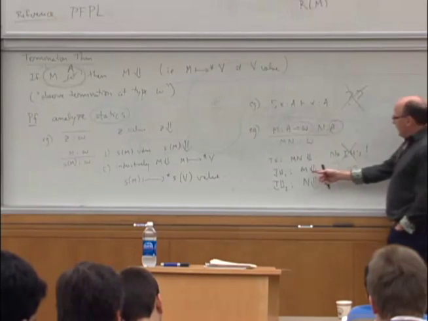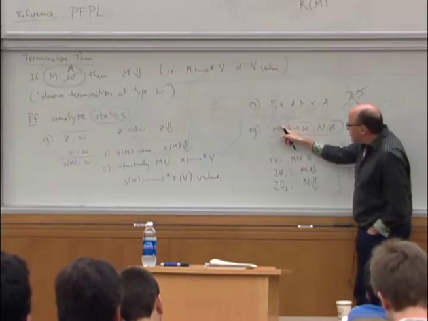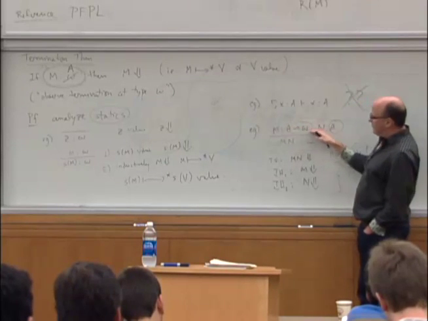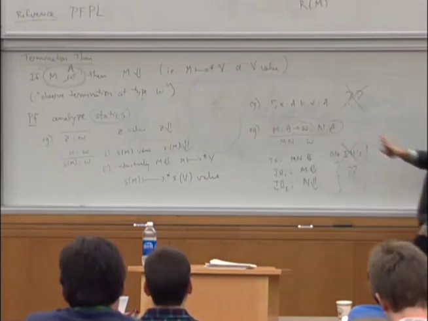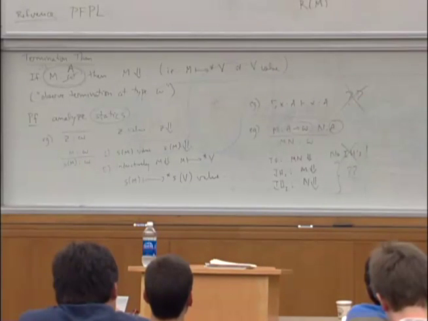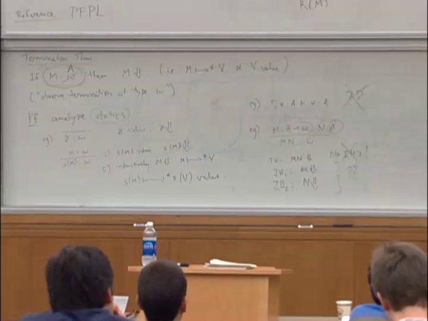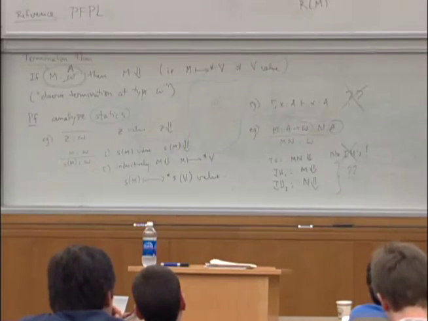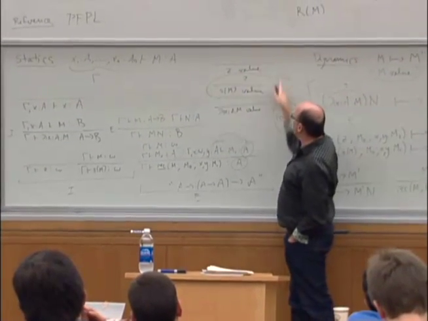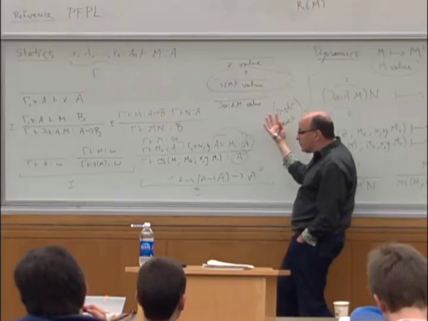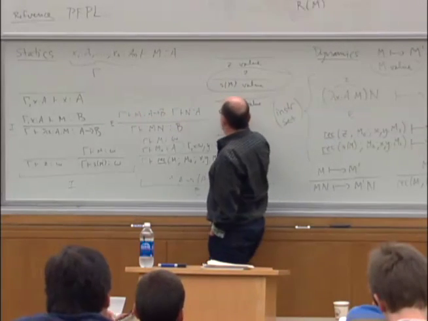Because remember, if I say that a function terminates, that just means this expression, which has a function type, eventually evaluates to a value. And I can show, which I didn't prove here, but you can easily show, that value would have to be a lambda. If you look at the inductive definition of values, the only possible value that also has a function type would be a lambda.